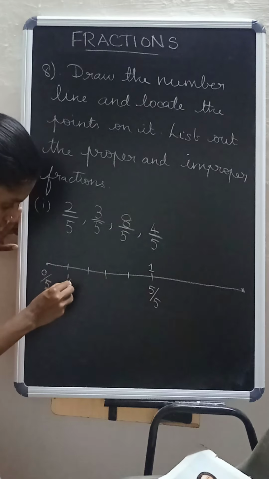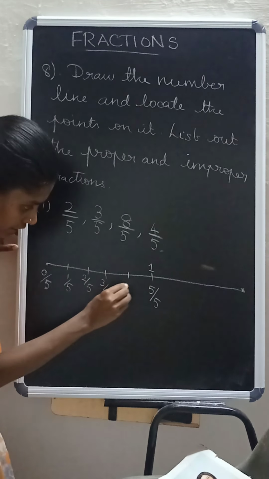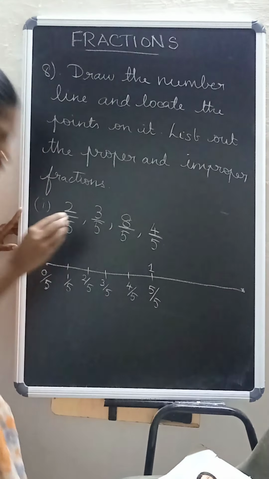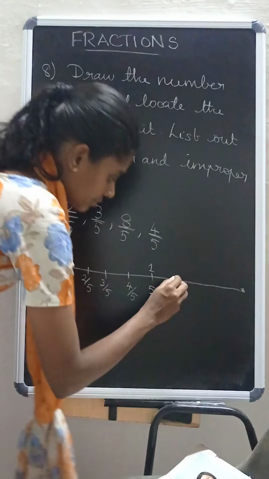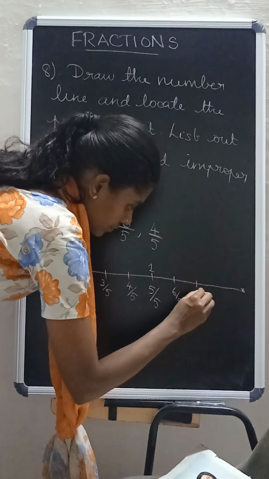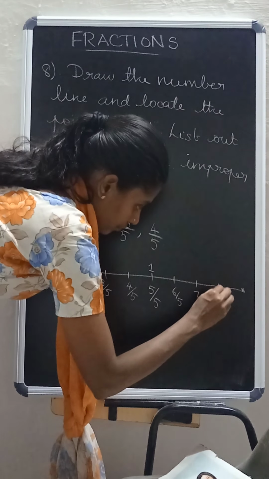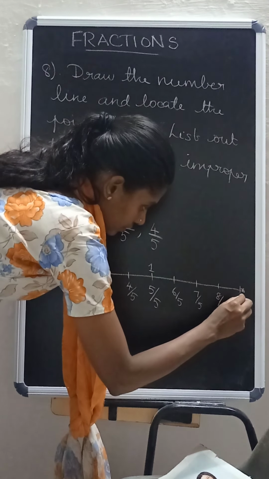This is nothing but 1 by 5, 2 by 5, 3 by 5 and 4 by 5. You can take 1 centimeter on your scale. 6 by 5, 7 by 5, 8 by 5, 9 by 5.